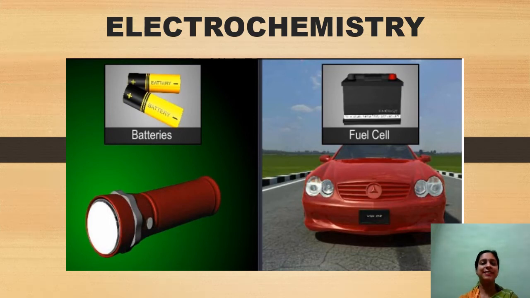Good morning, 12th standard. Today we will start a new chapter, lecture 1 of chapter number 3, Electrochemistry. What is the need to study this chapter? Electrochemistry, as the name suggests, has electro, the word related to electric current, and chemistry, which as we all know is the study of reactions.